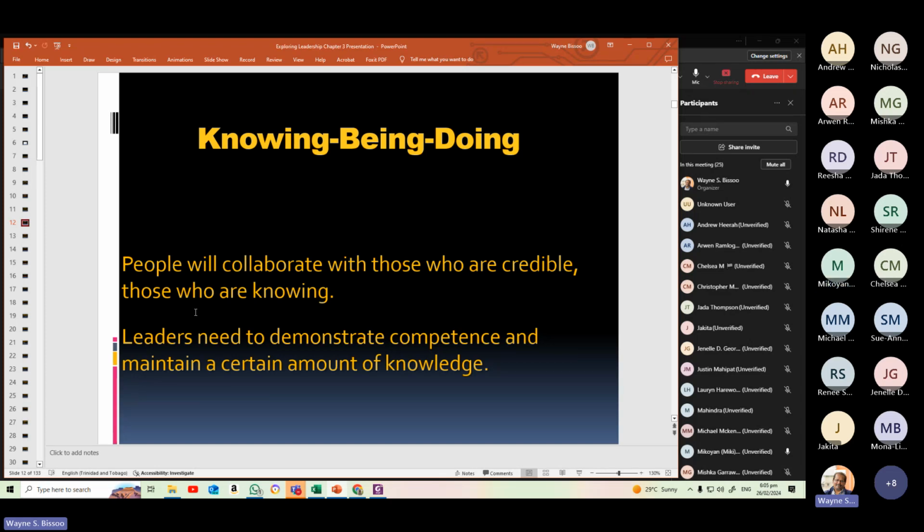Unfortunately, in the public sector, we have this situation where people go into a position of authority, into a leadership position. They don't have the requisite competencies, and they pretend and make a mess of it. More importantly, they can't seem to rally the troops to get things done.